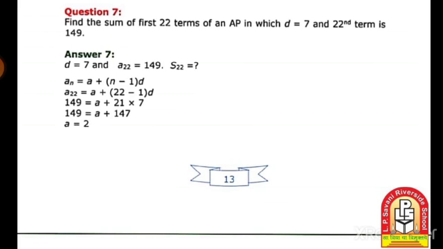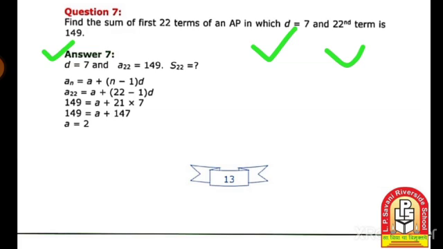In question number 7, you can see the question: find the sum of the first 22 terms of an arithmetic progression in which d is equal to 7 and the 22nd term is 149.